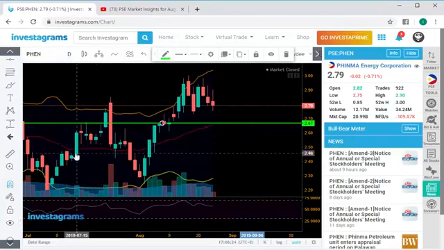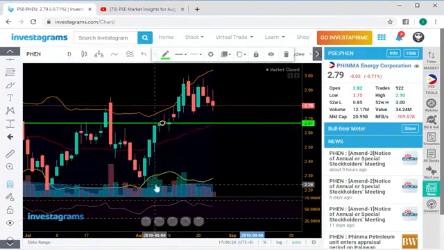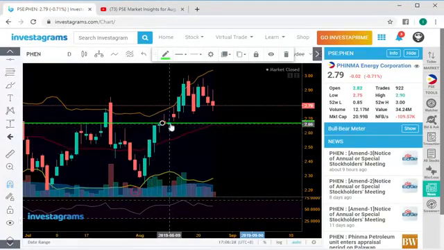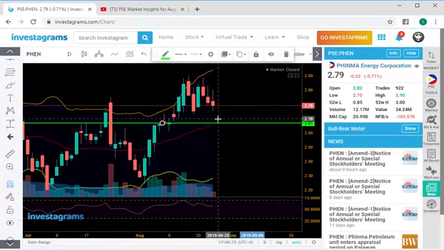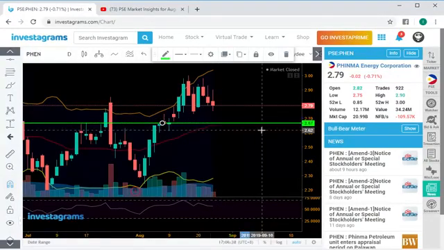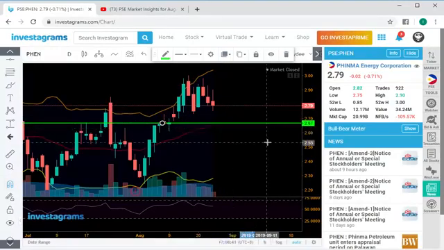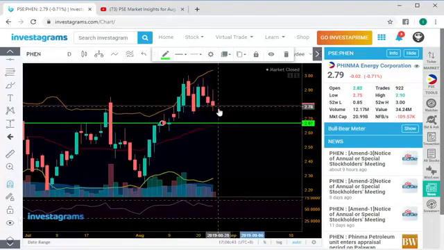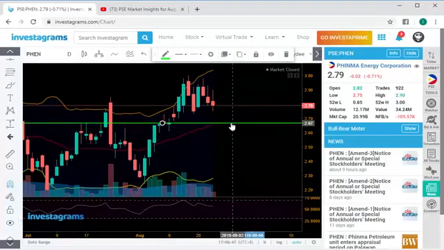Okay, so this used to be the resistance, and this also used to be a resistance, but it got broken when this stock did a gap up, and then right now I'm thinking it might rest for a bit. Hopefully this line is not going to break down, and if we have a successful bounce, this is a good area to enter.